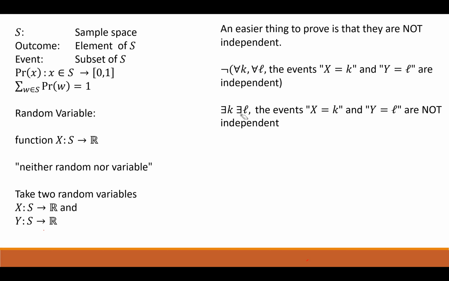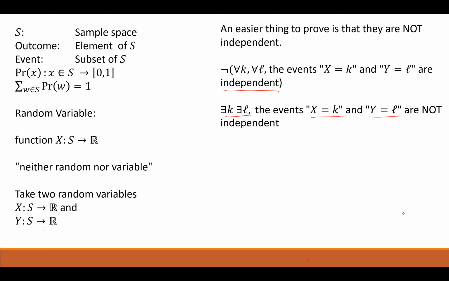So using formal logic, the negation of this is that there exists a k and l such that the events X equals k and Y equals l are not independent. What we're saying in English is that to prove that X and Y are not independent, I just need one counterexample. I don't need to prove all of the cases are not true.